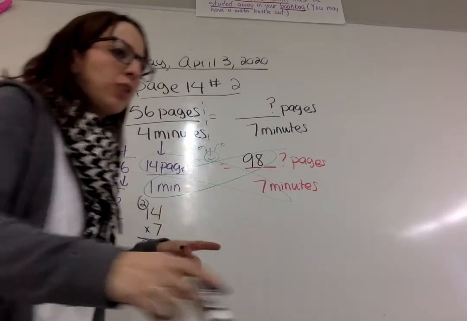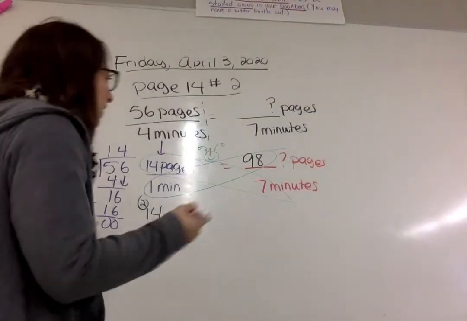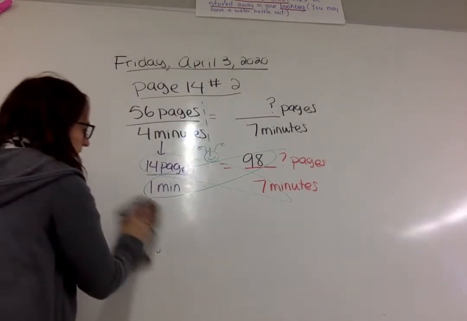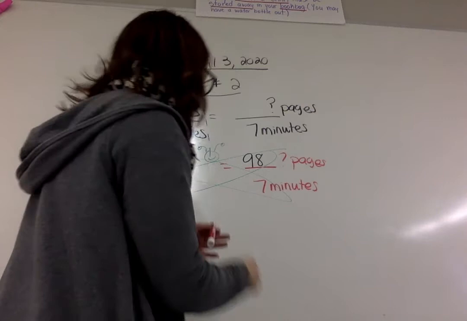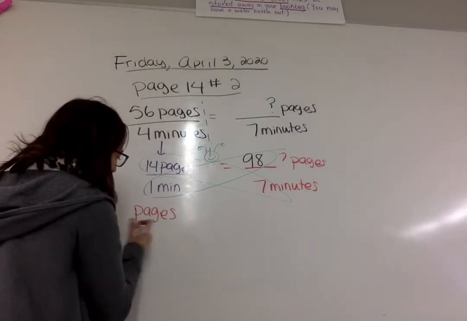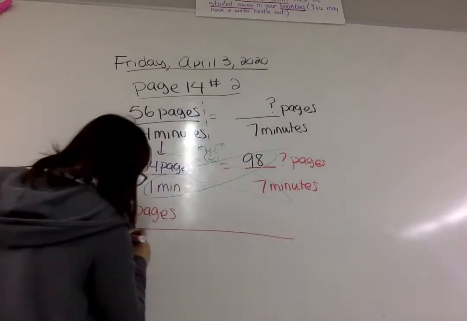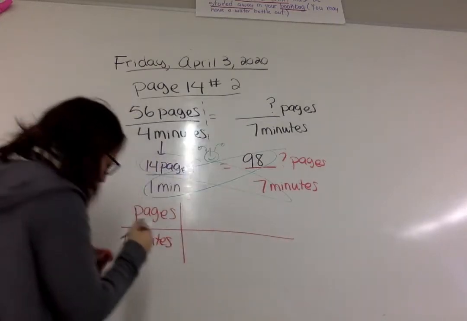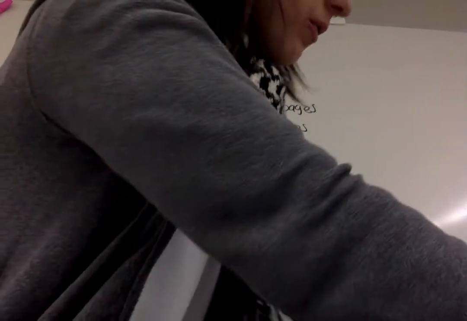But here what I want you to understand. If I create a ratio table, I'm going to erase this now. I'm going to actually show you how I can also write it the same. We got pages over minutes. Let's look at what we got. We already got unit rate.